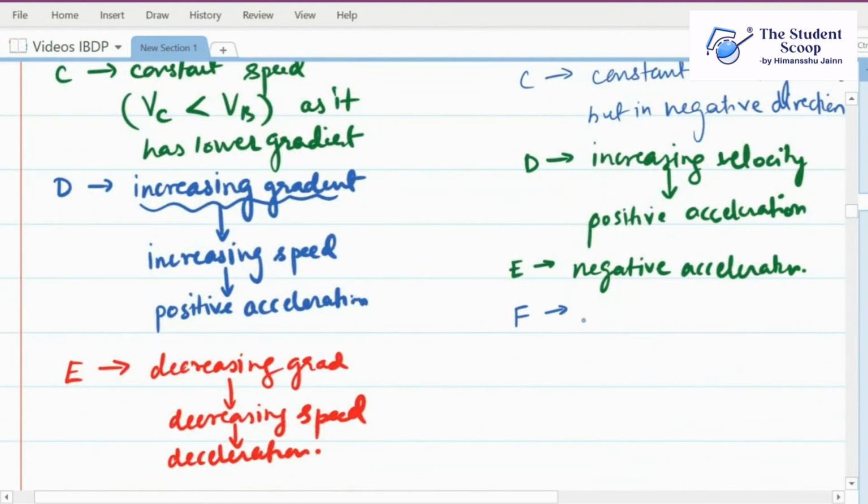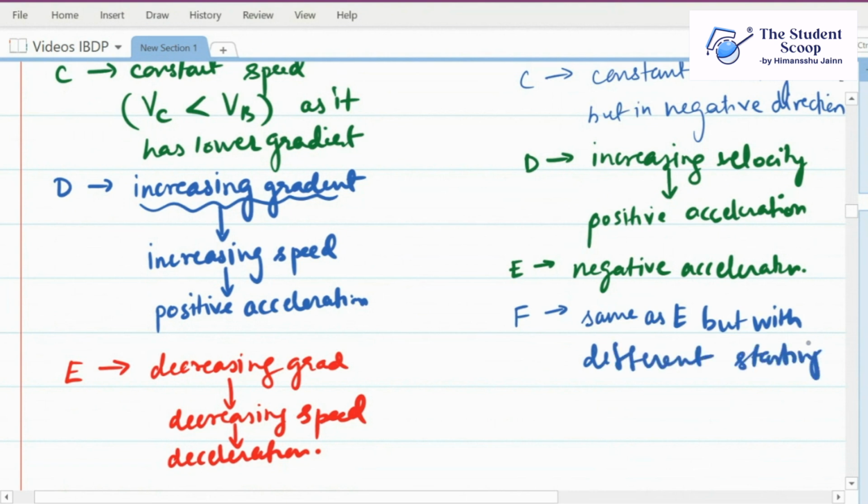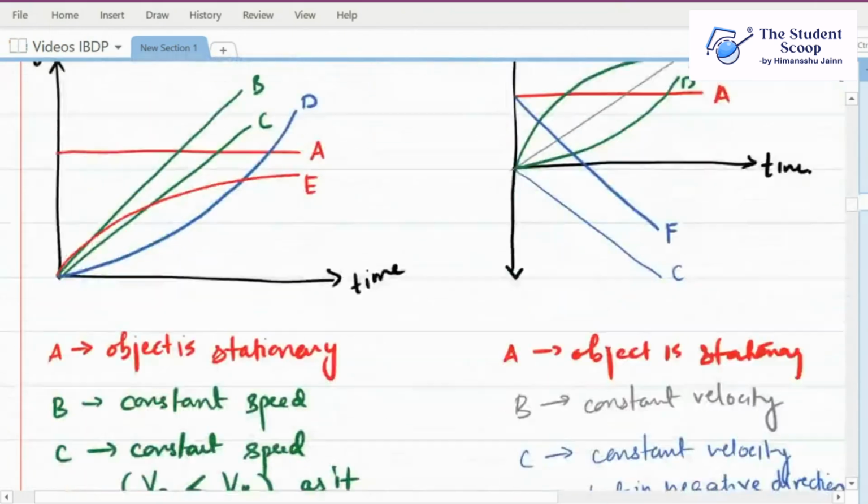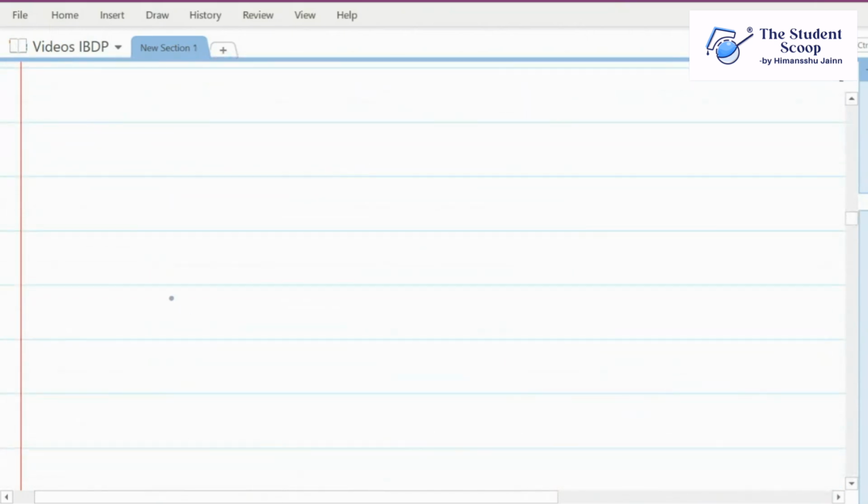It is the same as E, but with a different starting position. So these are the two cases of those graphs. Now, what else do we have? Imagine the same scenarios can be redrawn for the speed versus time graph.